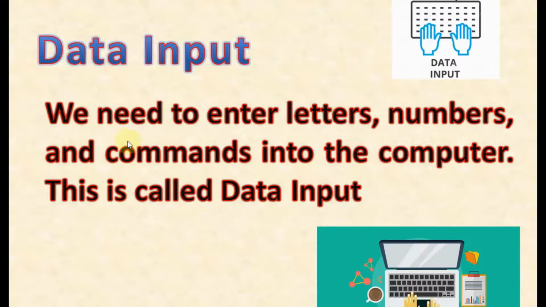Data input means numbers, letters, commands that we need to give to the computer. After receiving the input, computers work on it. So, data input means we are giving instructions to the computer in the form of numbers, letters, commands, etc. I hope you understood what data input is.